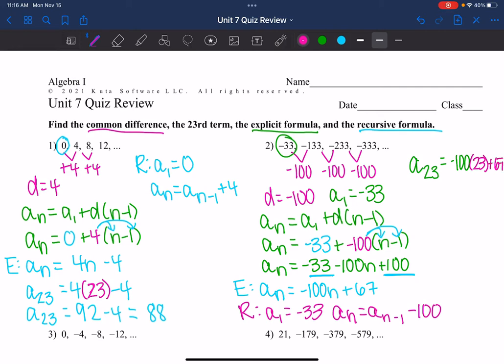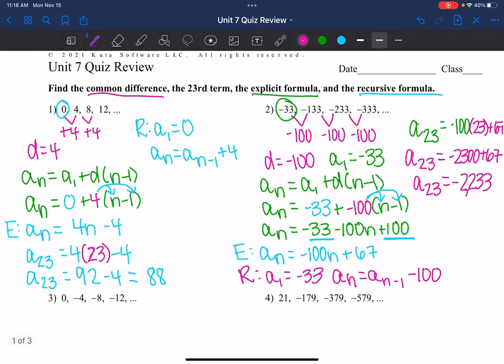Okay, so when I go ahead and I multiply, I'm going to say negative 100 times 23, which gives me negative 2,300. Then I add that 67 at the end to it, which is going to give me my 23rd term being negative 2,233. And that's it for those two.